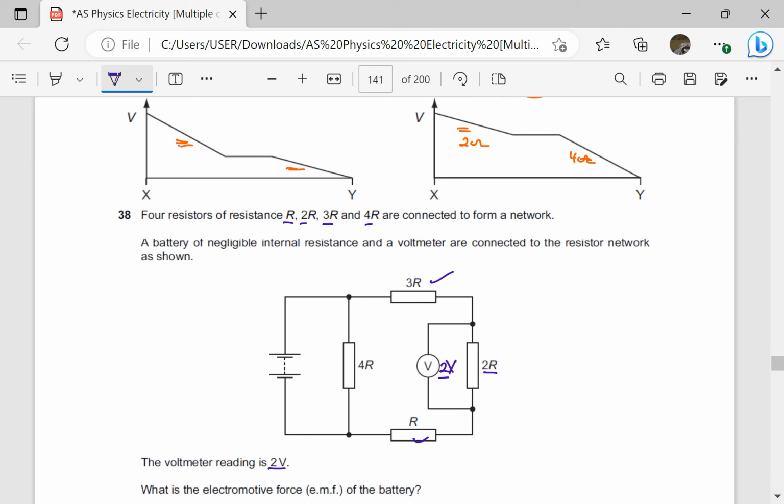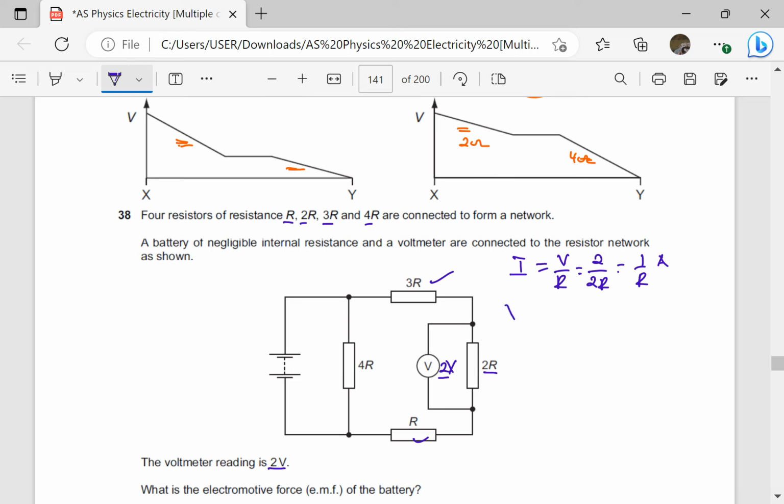So the current this side, it's not the total current, but the current this side is going to be equal to the PD, that is V over resistance. A PD of 2 volts implies that the current across this 2R resistor is going to be 1 over R in amperes. So the current this side is 1 over R in amperes.